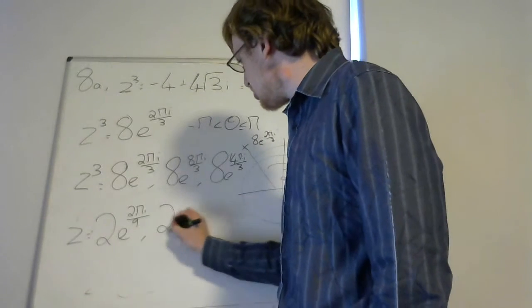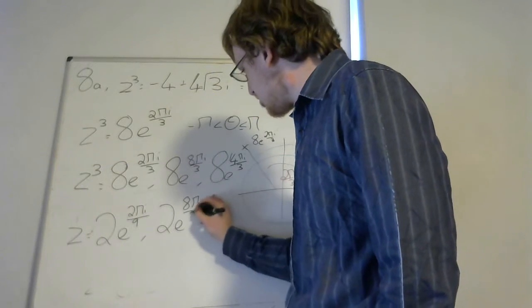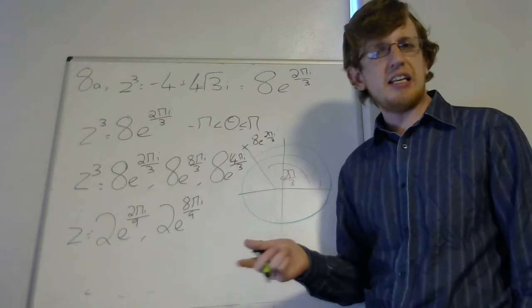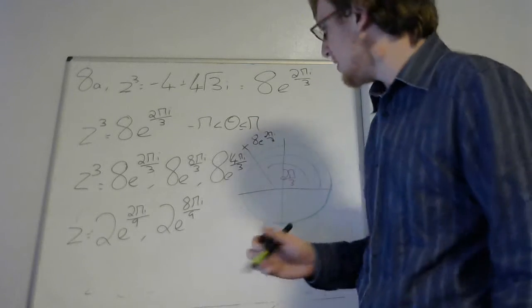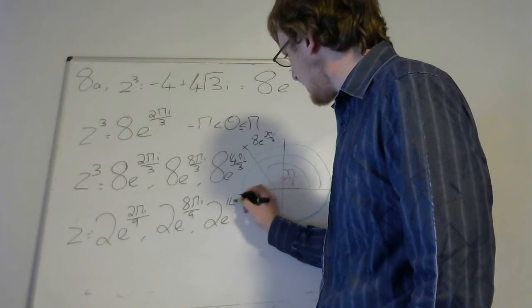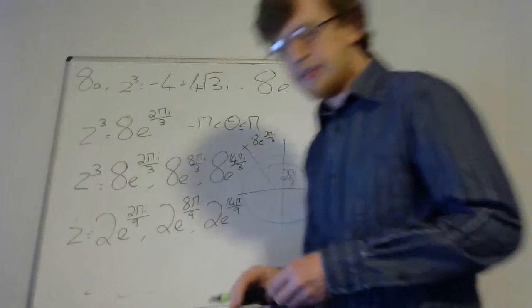The next one then, 2e to the 8 pi i on 9. That's just less than pi, so that one's good, but it probably means the next one is not going to be good. Next one, 2e to the 14 pi i on 9. Now that's bigger than pi, so that's not a valid solution.